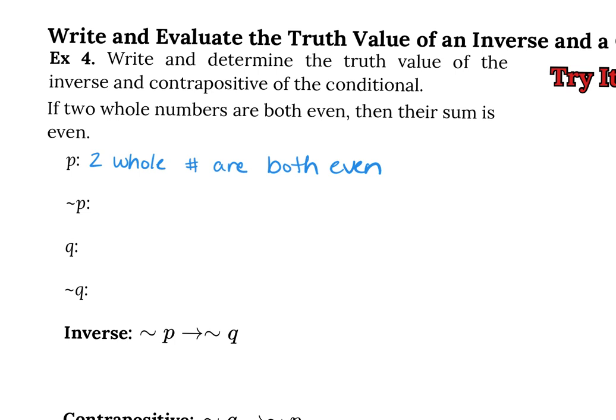Our inverse, our negation, is that 2 whole numbers are not both even. Okay, so we negated that. Our conclusion is that their sum is even.